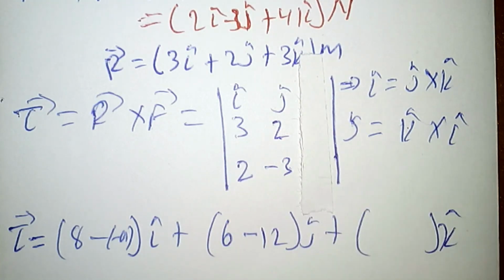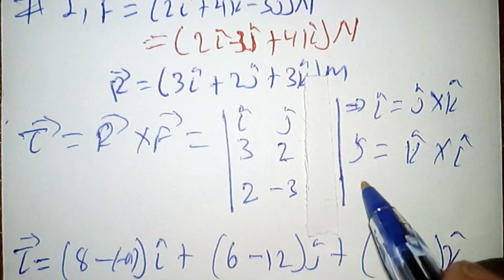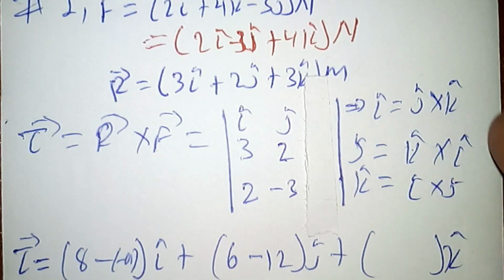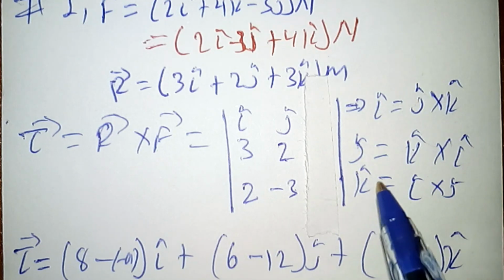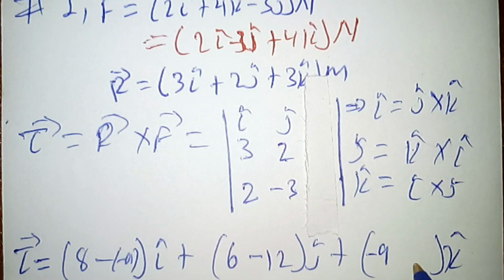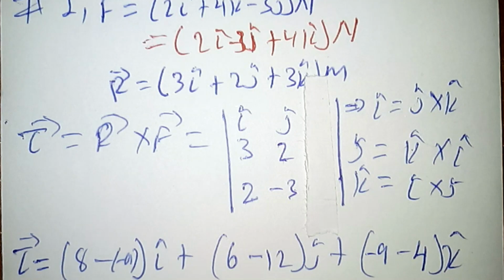Then for k, we can cover the k column. Then k is i cross j from the clockwise system. So 3 times -3 is -9, minus 2 times 2, which is 4.